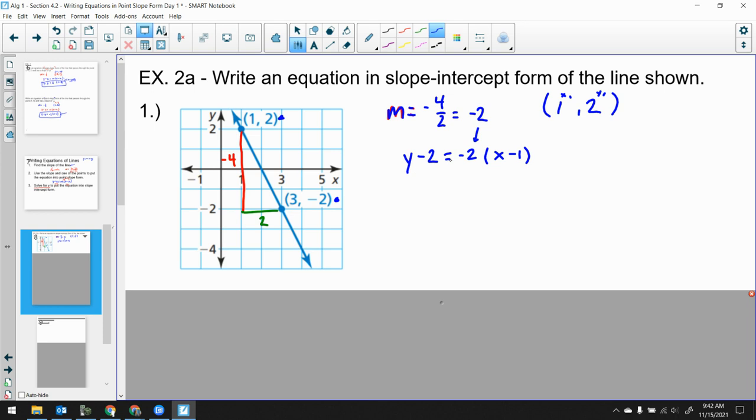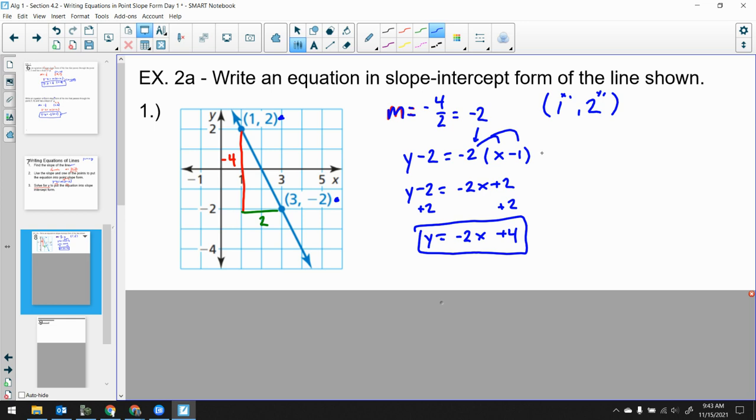So y minus y1 is equal to m times x minus x1. Now, step 3 says solve for y. Distribute. Y minus 2 is equal to negative 2x. Negative 2 times negative 1 is a positive 2. And then I add the 2 to both sides to get y completely alone. Negative 2x plus 4. And that's my equation. Y is equal to negative 2x plus 4.